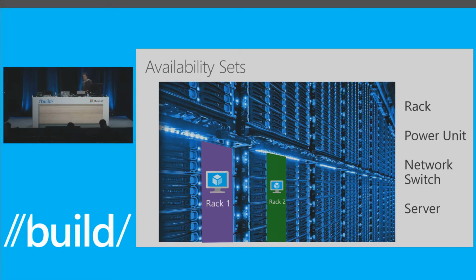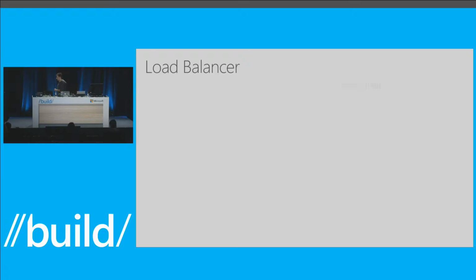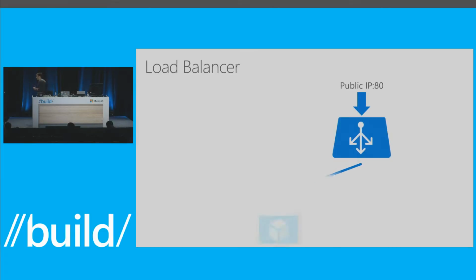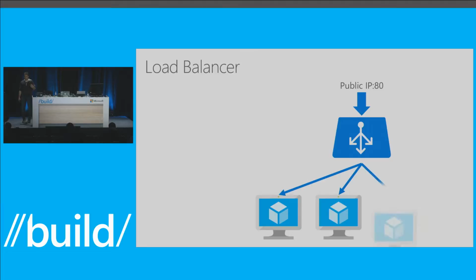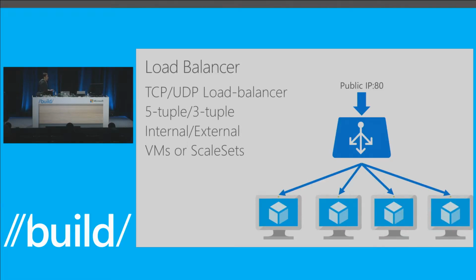Very powerful. Add on top of that the load balancer and being able to redirect traffic and spread traffic across a set of instances. These are very critical aspects of deploying highly available and scalable applications. Our default load balancer is an IP-based load balancer.